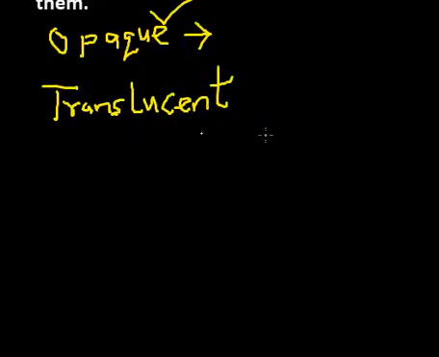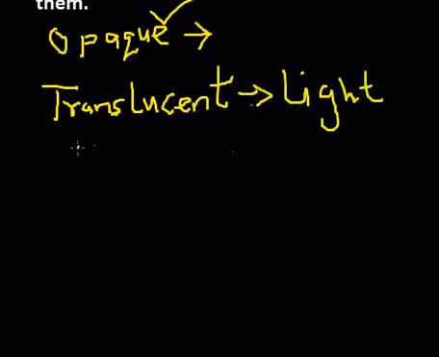A translucent object is one where light passes through quite well, but you can't see through it.